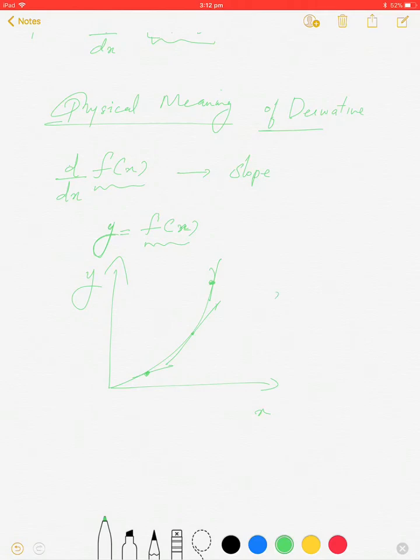So d by dx of f of x is equivalent to the slope of the curve. Y is equal to f of x. So this is the physical meaning.